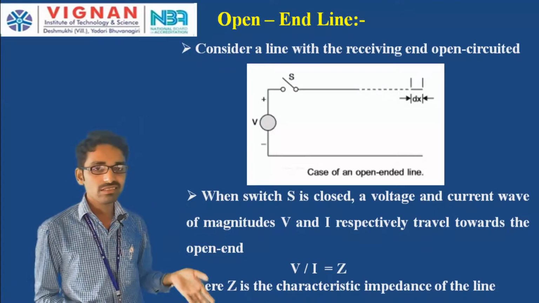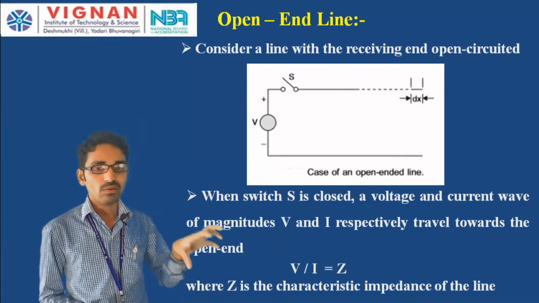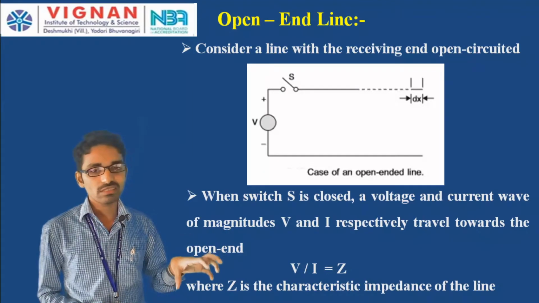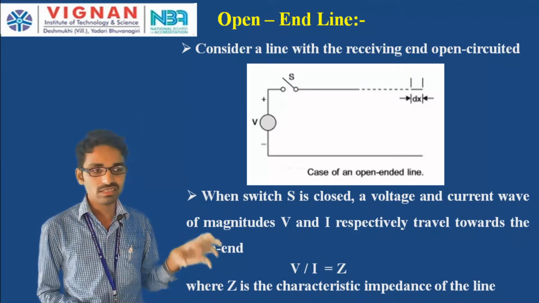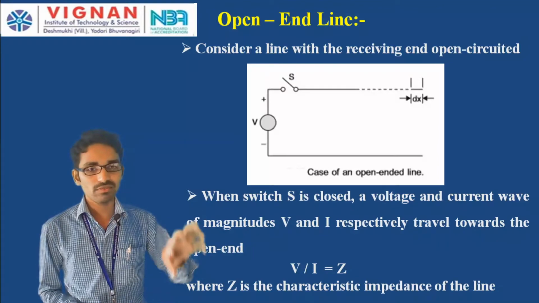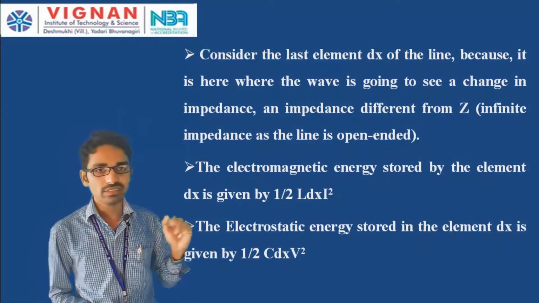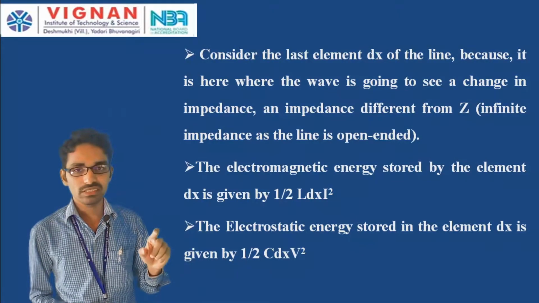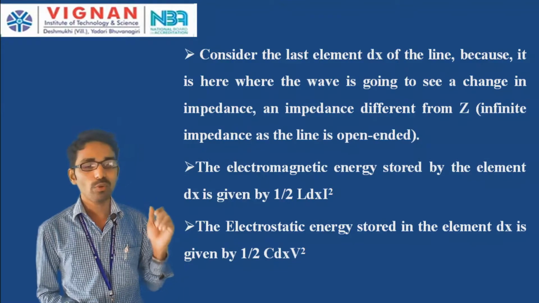The characteristic impedance, the voltage by current value, holds up to the line end, but it is different from the infinite impedance, as the line is open ended.